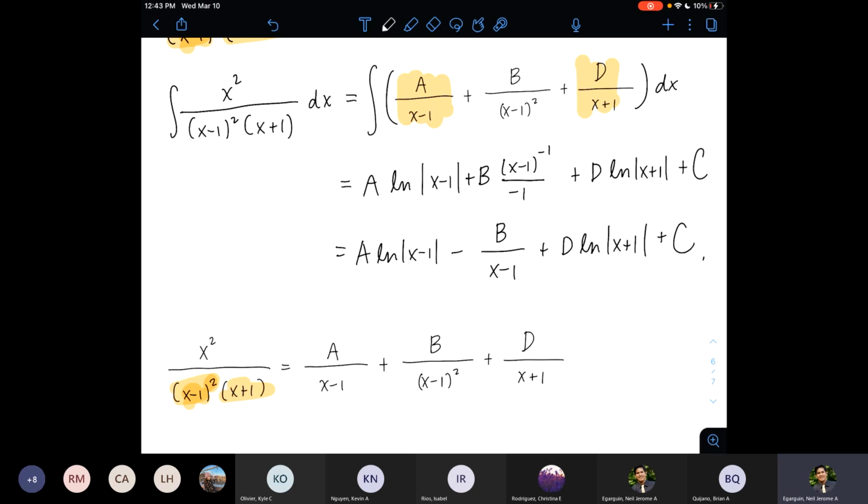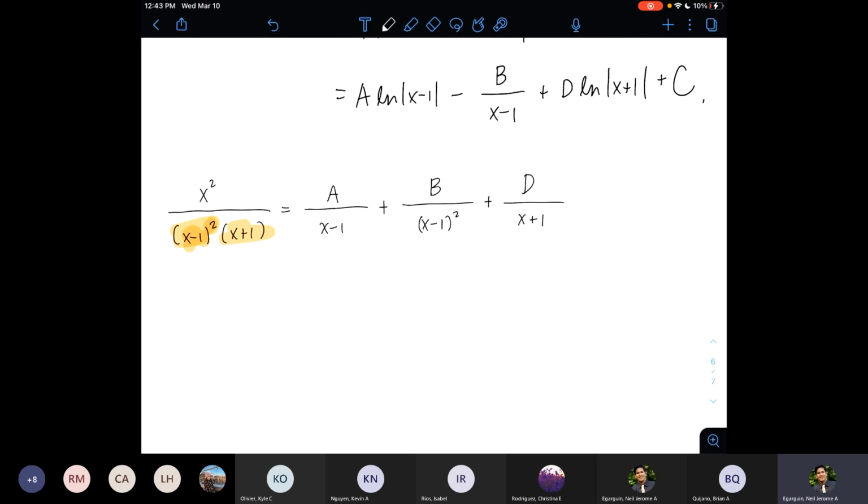Okay, there we go. Now how to solve for a, b, and d? Well, we'll employ the same process as what we did before. So note that x squared over x minus 1 squared times x plus 1 is equal to just a little fraction over here.